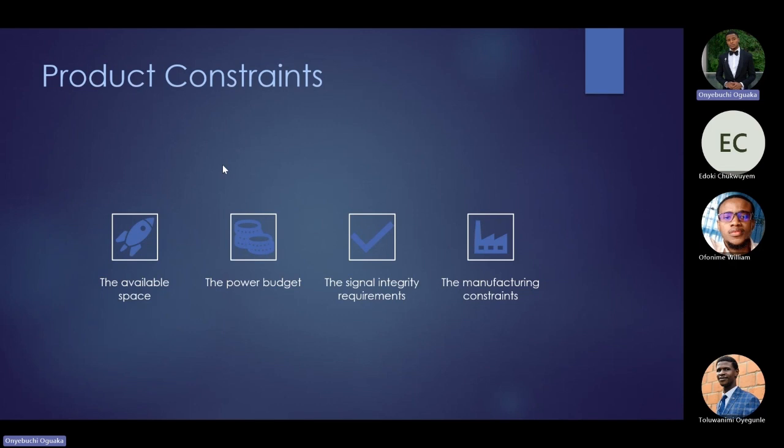The reliability of these signals is what we are going to be discussing in this section.